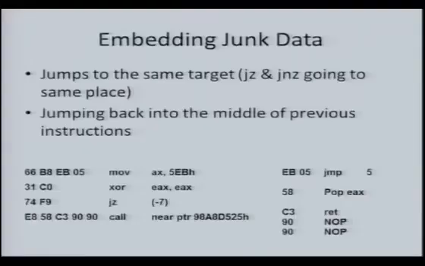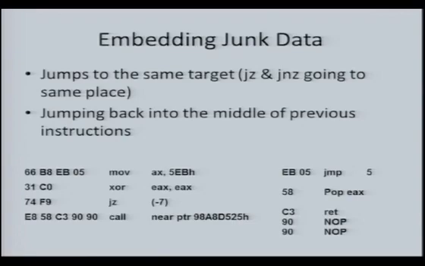So here's what the disassembler thinks happens, where it's moving this instruction into AX, and then it XORs the AX, and then it jumps back 7 bytes into the middle of this guy right here, and then the disassembler reads this as what happened.